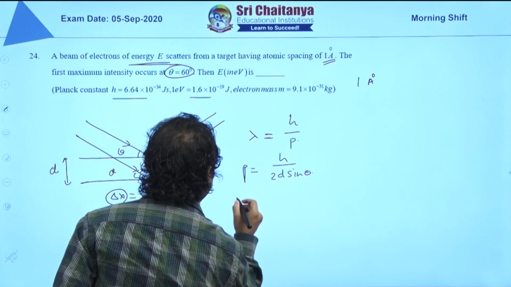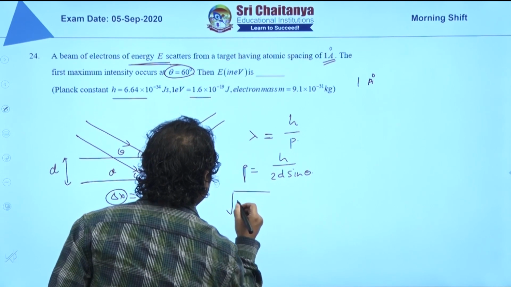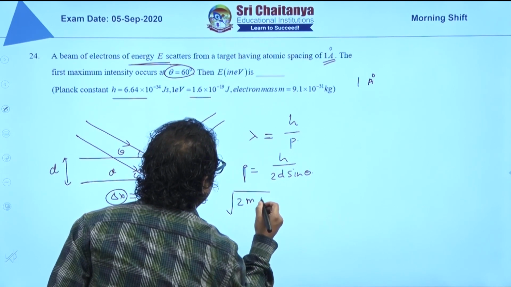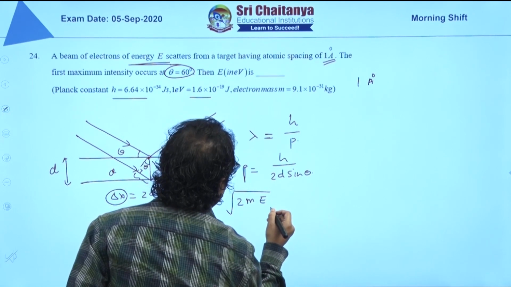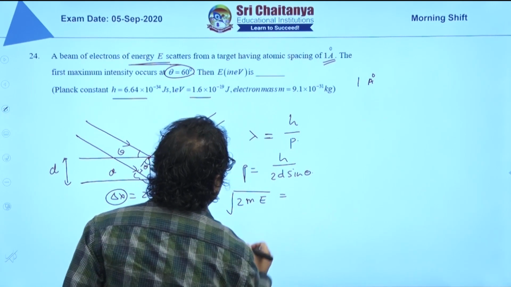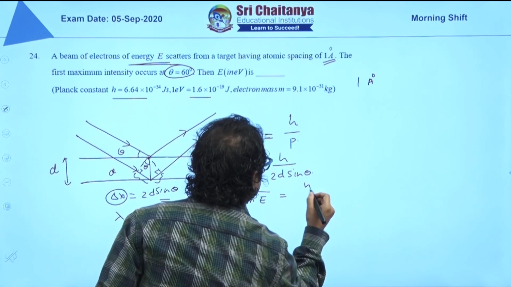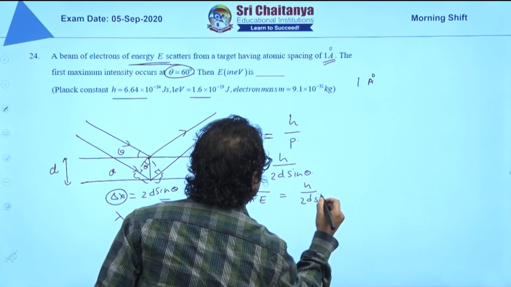And you know that p can be written as root over twice m into energy. So, that is equal to h by 2d sin theta.